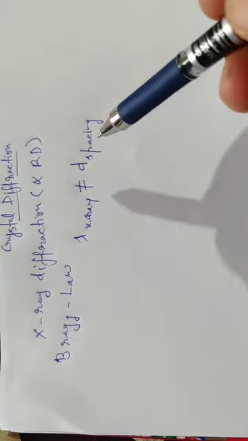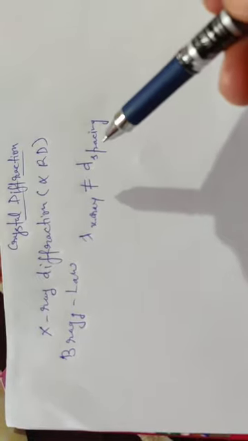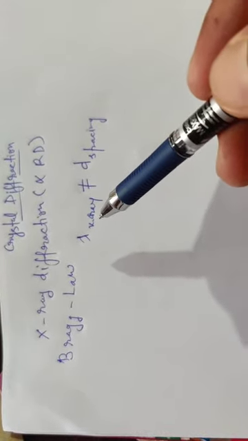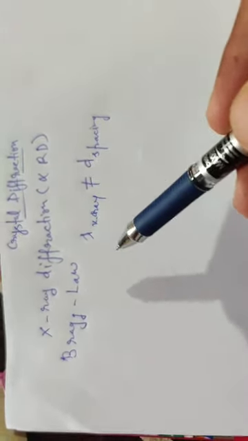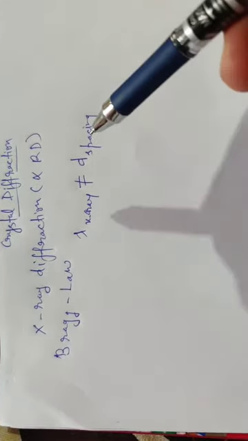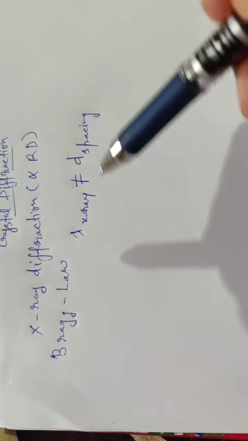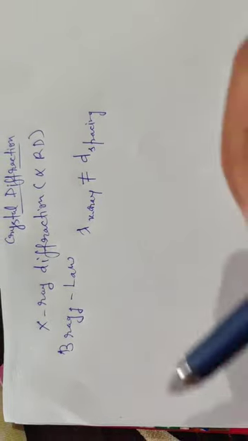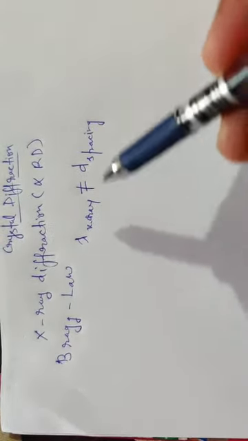You can say that the spacing between that diffraction grating is much greater than the wavelength of the X-ray. Therefore, there is no diffraction pattern obtained in the case of X-ray. This forms the basis for X-ray diffraction.